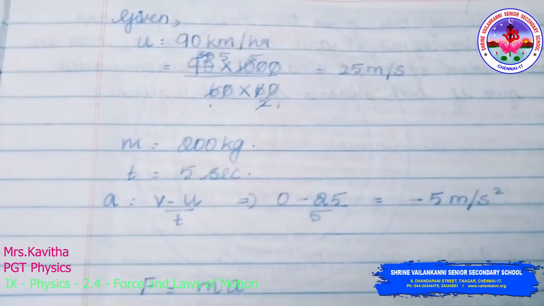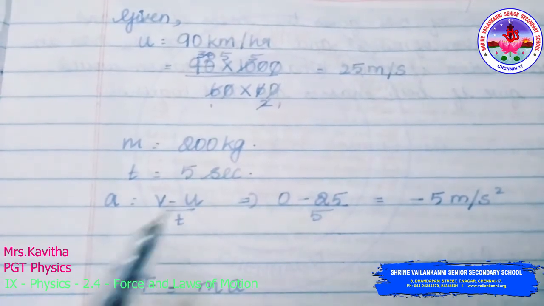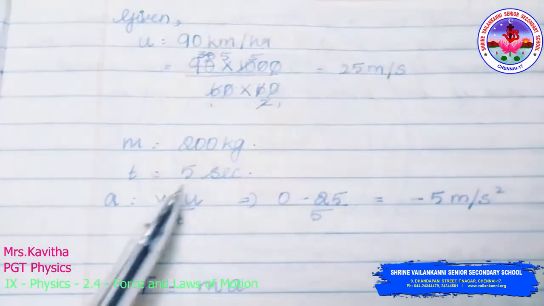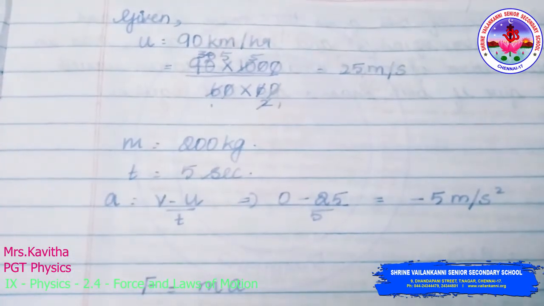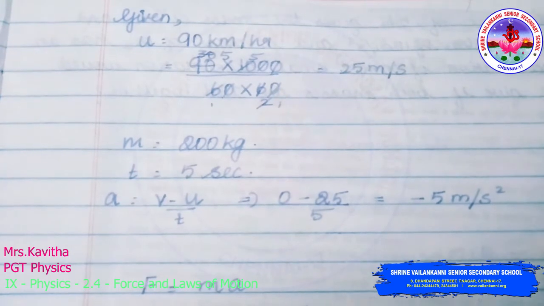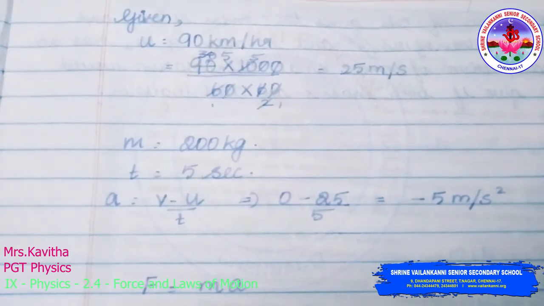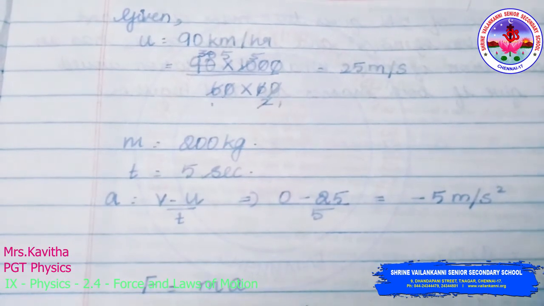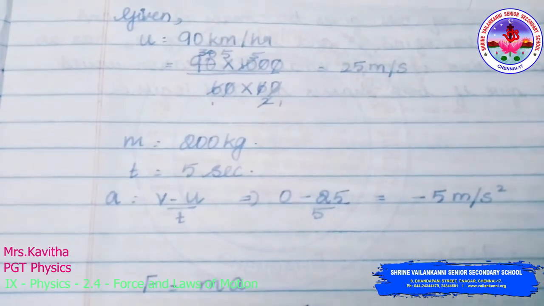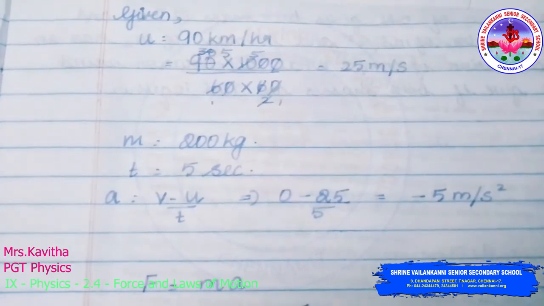What they have given, the mass is 200 kilogram and the time which is equal to 5 seconds. Right. Now they have asked calculate the force exerted by the brakes on the motorcycle if its mass 200 kilogram. So for that we must know first, with the help of the acceleration we must know force which is equal to ma, the formula we know that.